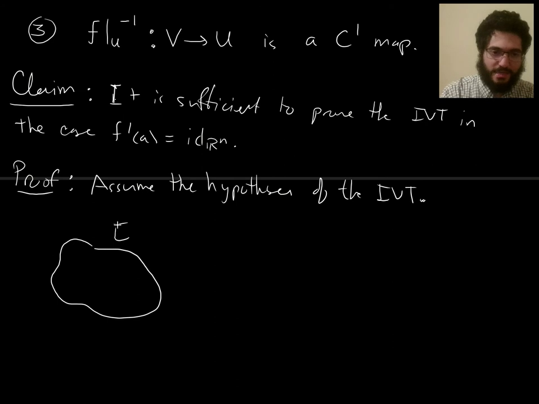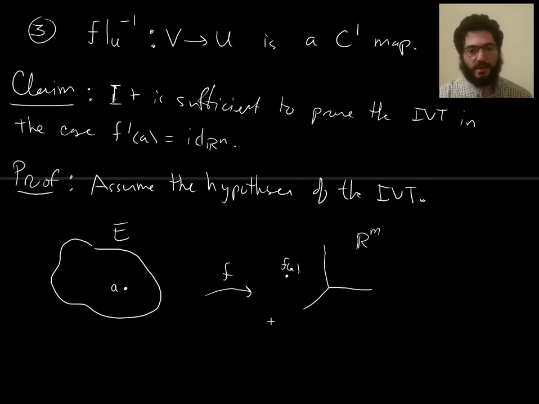So let's say this is E, and here's A somewhere in E. And here's Rm, and A gets mapped somewhere, F of A. So F is doing this.